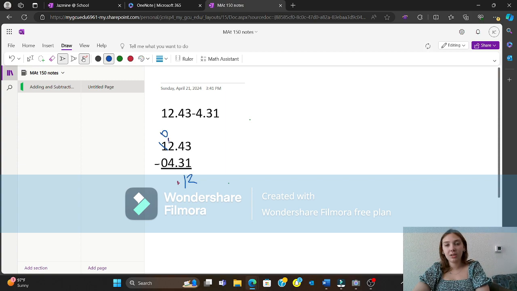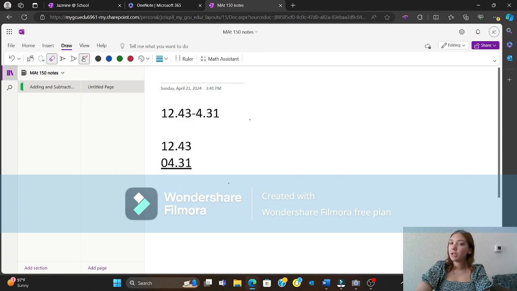And this 2 gets a 1 right in front of it. So 12 minus 4 is 8. And 0 minus 0 is 0. Let me fix that really fast. So our answer is going to be 8 and 12/100ths.